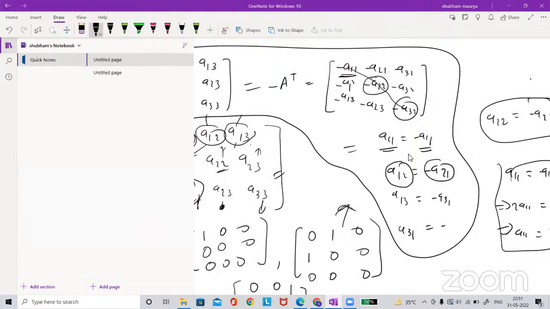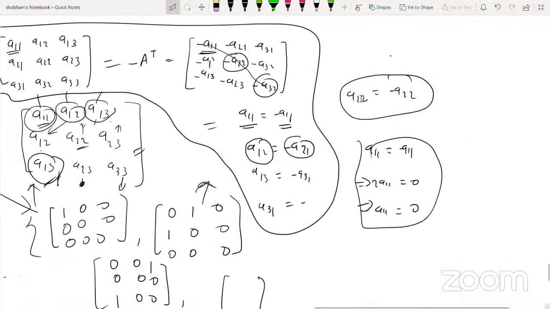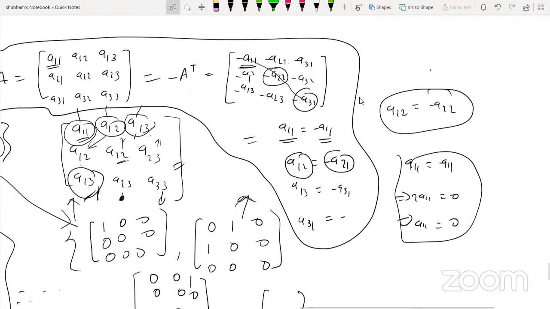What it means is, if this is your matrix, then A12 is equal to minus A21, and here it will be A13 and minus A13.